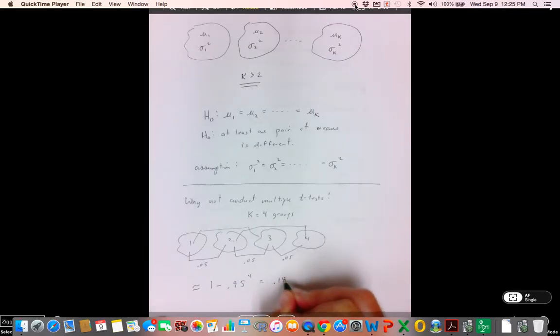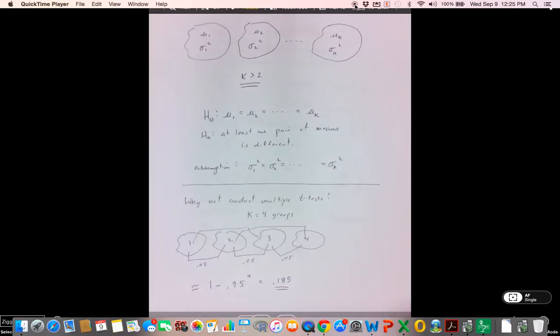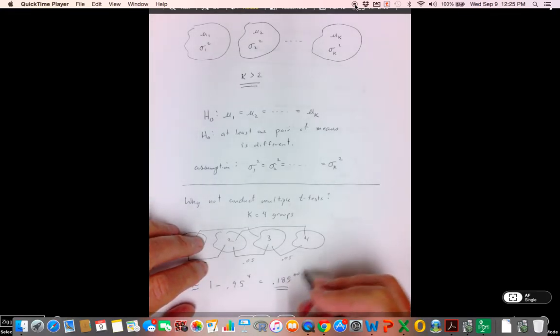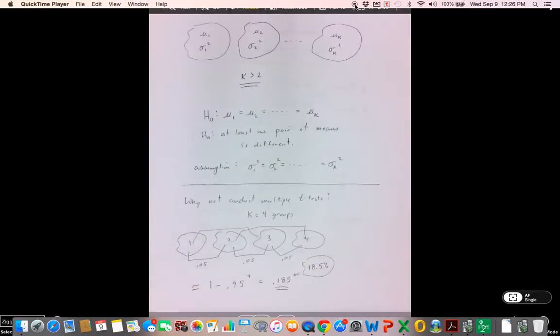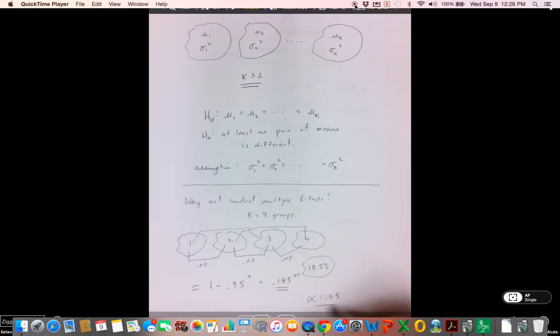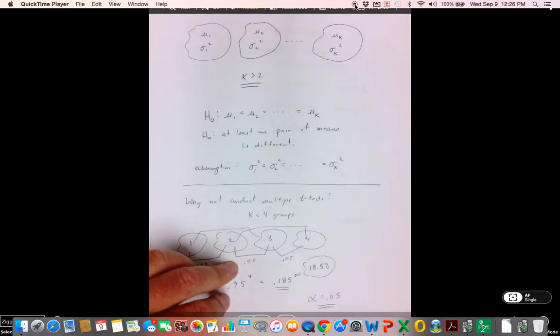I think this turns out to be about 0.185. So about 18.5% of the time, or at a probability of 0.185, if we conduct multiple t-tests, we are going to inflate the type 1 error rate that we set at 0.05 over triple. So we're going to be 3 times more likely to commit a type 1 error by conducting multiple t-tests than we would if we conduct an ANOVA.